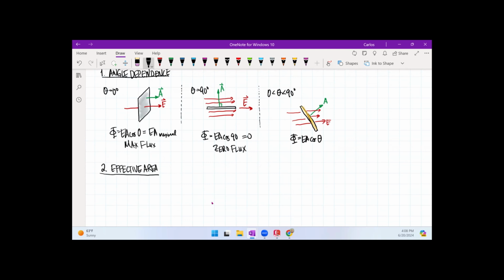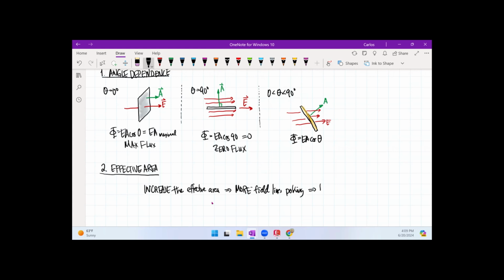If I increase the effective area, that tells me I have more field lines poking through.